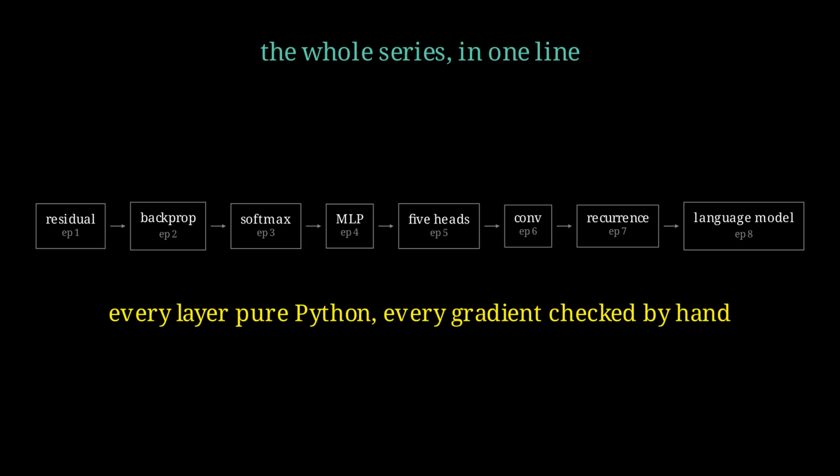Then Episode 6 shared weights across space with convolution. Episode 7 shared them across time with recurrence. And here, Episode 8, we assembled a language model. 8 episodes, 1 line. Every layer along it is pure Python, and every gradient was checked by hand against finite differences. No autograd, no mystery, nothing we did not verify.